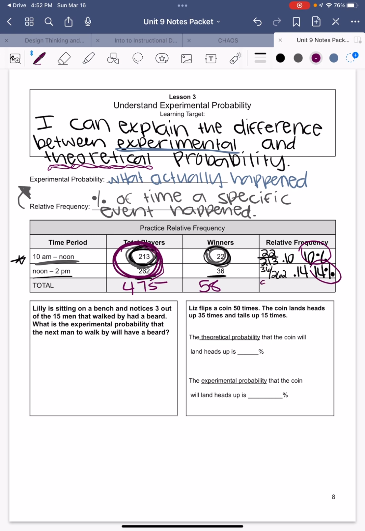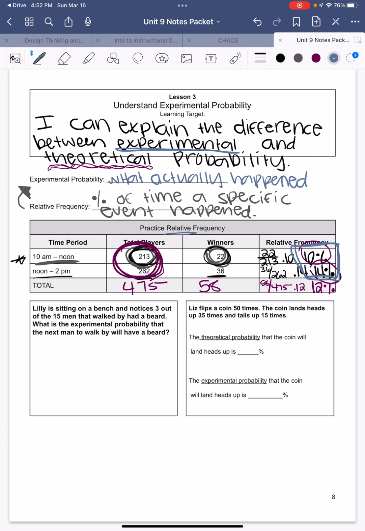So I can do 58 divided by 475, and figure out that 0.12 or 12% of them won all day long. Notice how it's not adding these two, so just be careful here that you didn't just add those up to kind of the average. So 12% of the players won throughout the day.